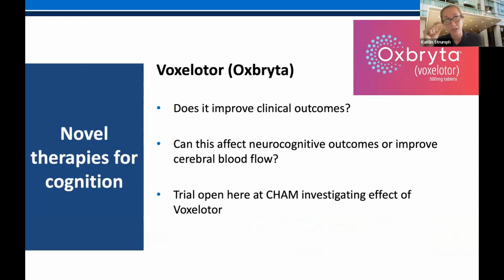I think a concern a lot of people have is that voxelotor, the way it works, right, is that it's holding onto oxygen. So is the oxygen delivery to tissues impaired because the red blood cell is holding a little bit harder onto that oxygen? And is this going to improve neurocognitive outcomes and improve cerebral blood flow or not? So we actually have a trial open here at CHAM investigating the effect of voxelotor, specifically looking at neurocognitive and cerebral blood flow.